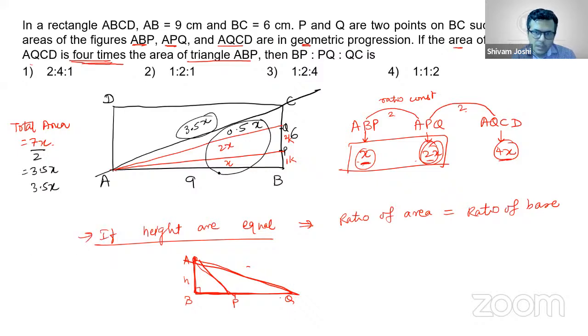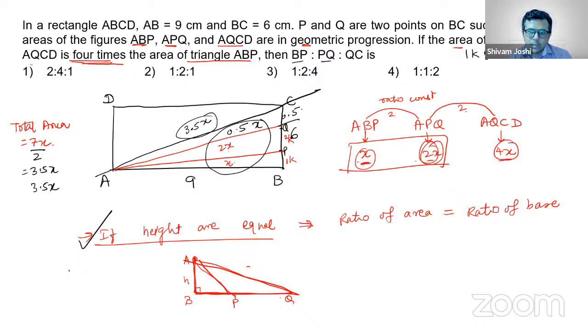Now, if this is the ratio of your areas, that is x, 2x, and 0.5x, right? Then the ratio of base is also the same. That is what we have discussed already, correct? So the ratio of base is also 1K, 2K, and this is 0.5K, correct? And that is what has been asked for. Look at this. BP is 1K.